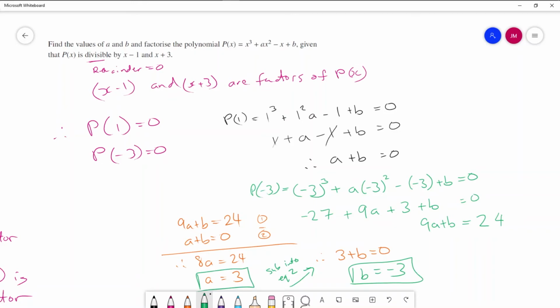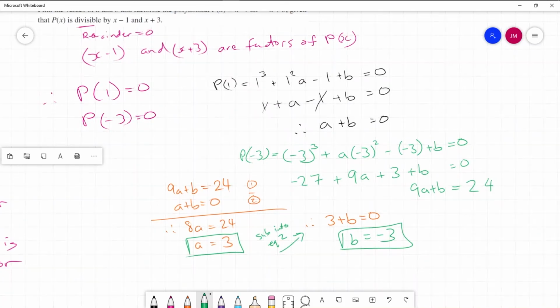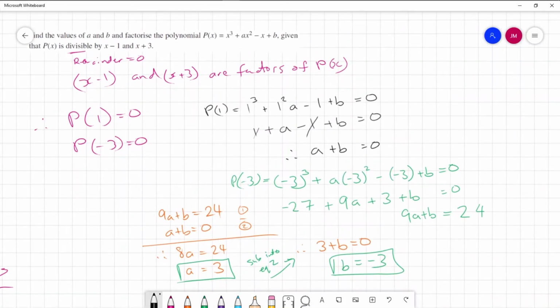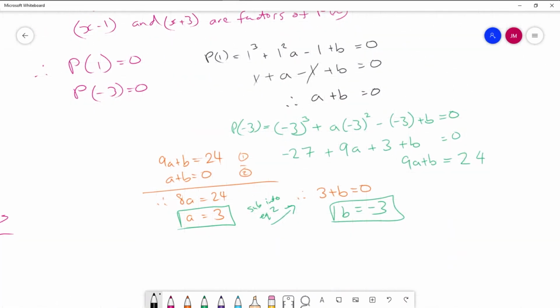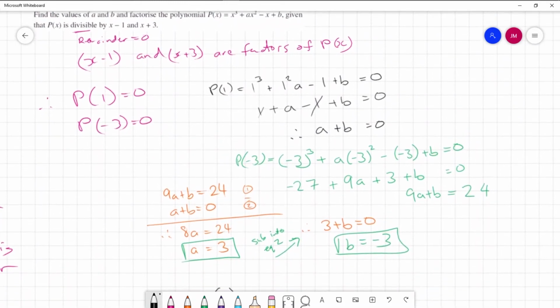So find the values a and b, and then factorize that polynomial. So if I know my two factors, x minus 1 and x plus 3 are factors, and if I put that in, let's have a look. That means my original function would become x cubed. So p of x equals x cubed plus ax squared.